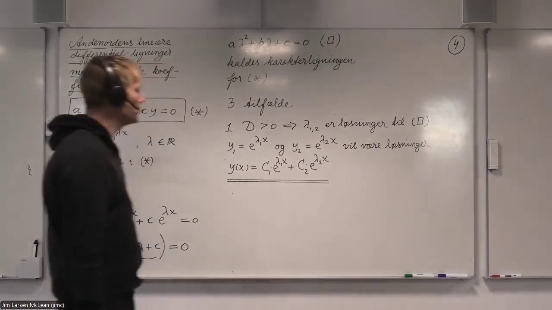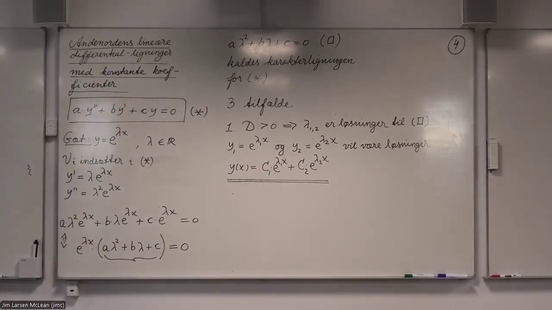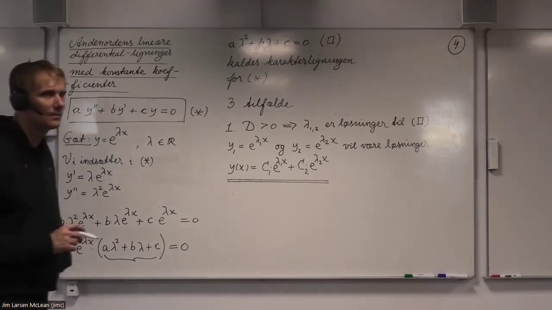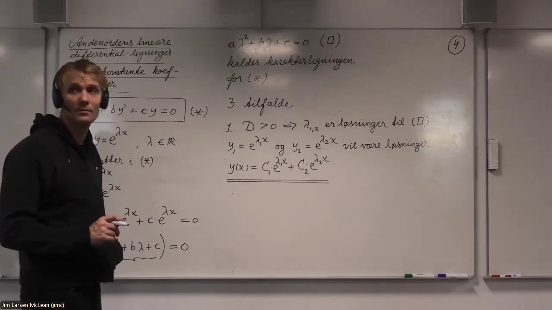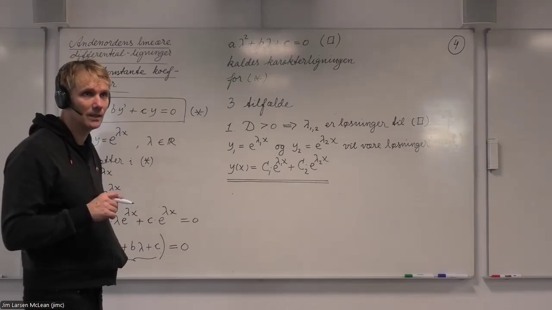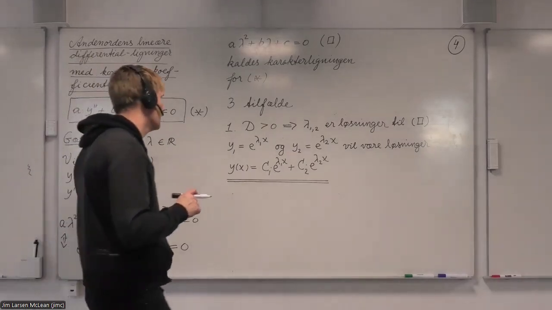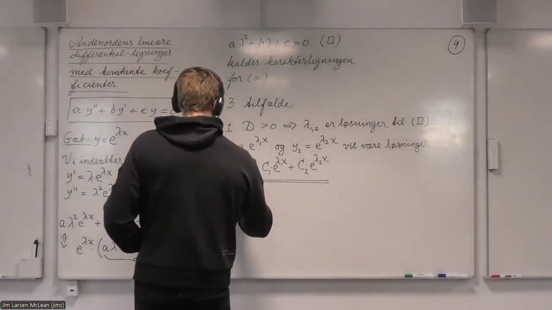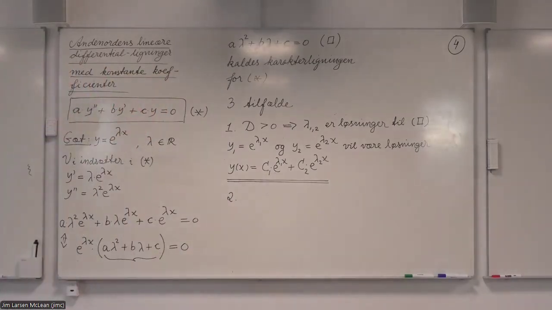But it is only a solution if the discriminant is greater than 0. Is everything okay? I'll give an example showing how it's done in practice. Case 2. What if the discriminant is 0?